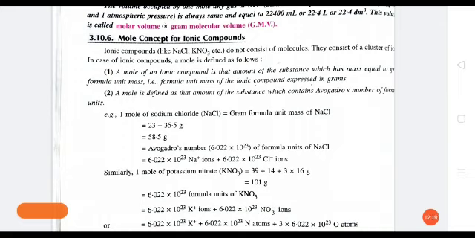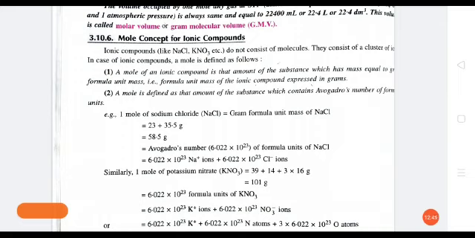Ionic compounds, for example NaCl, KNO3, means they have one part with positive charge and the other part with negative charge. A mole of an ionic compound is that amount of the substance which has mass equal to gram formula unit mass. Again one more term came, gram formula unit mass. It is expressed in grams.